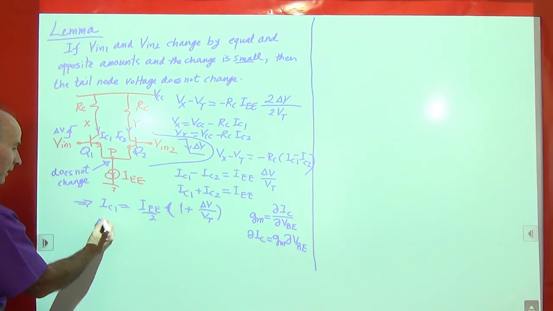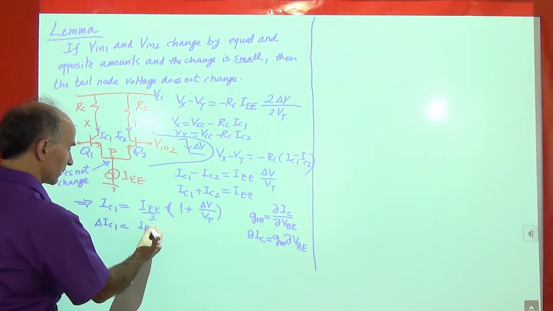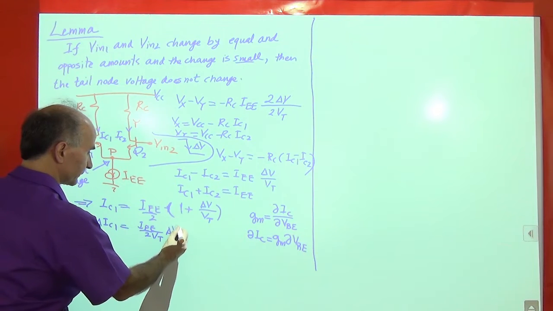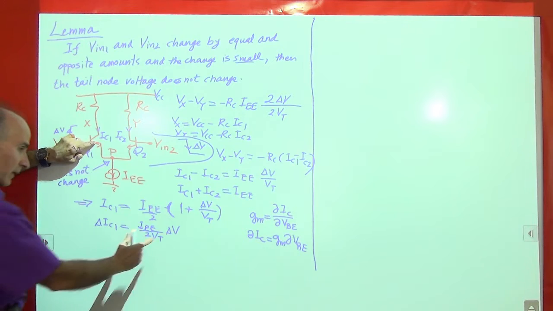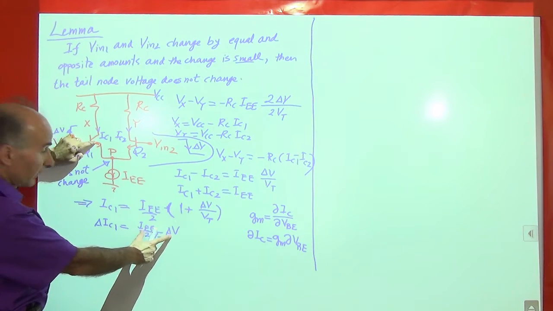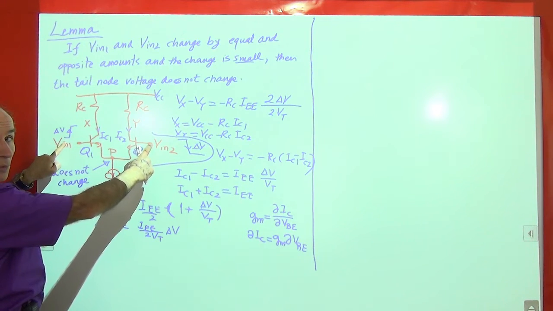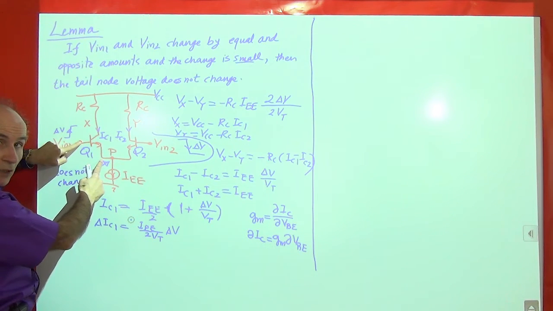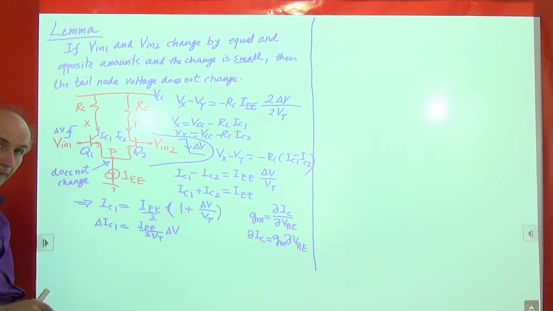Delta IC1 is equal to IEE over 2Vt times delta V. So this bipolar transistor has experienced this much change in its collector current. Therefore, its base emitter voltage must have changed with respect to when Vin1 and Vin2 are equal, right? First they were equal, then they changed. So this base emitter voltage increased to make sure that this collector current increases. And that's the amount that it increased by.